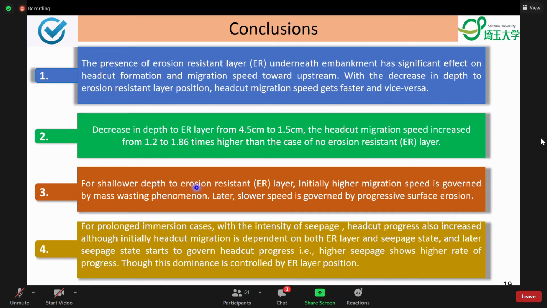For shallower depth, initially the speed is governed by the mass wasting phenomenon, and the slower speed is caused by the progressive surface erosion phenomenon. When prolonged immersion is incorporated, initially the speed is contributed by both erosion resistant layer position and seepage, but later seepage starts to dominate the migration rate.